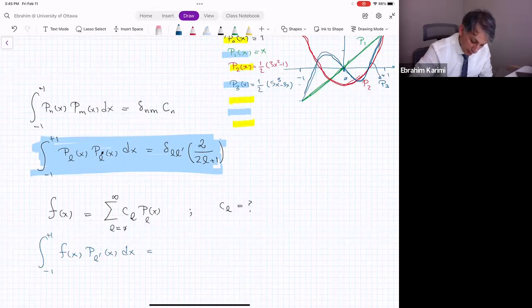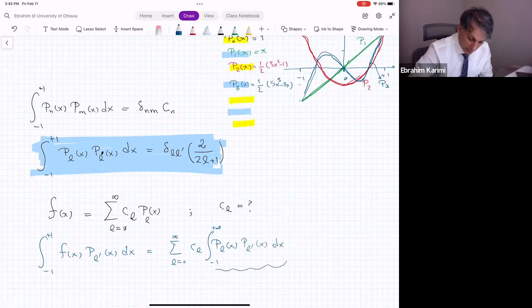Then what you will get is a summation from L equals 0 to infinity, C_L, integral of P_L of x, P_L prime of x, dx.